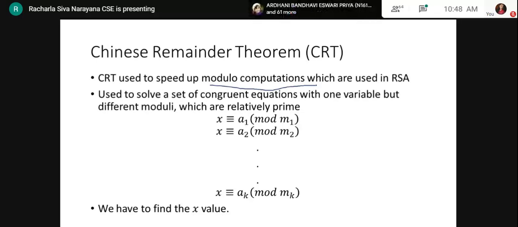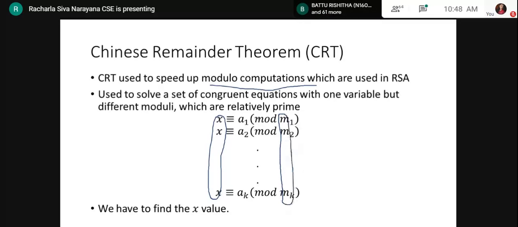The CRT is used to solve a set of congruent equations with one variable but different modulos. So x is one variable, but these are different modulos, and we get different remainders. These modulos are relatively prime.